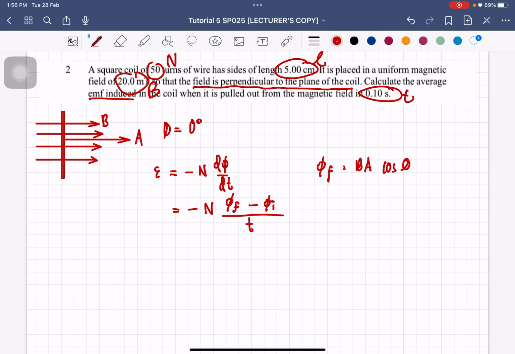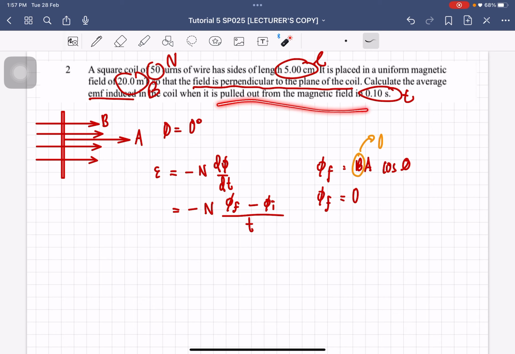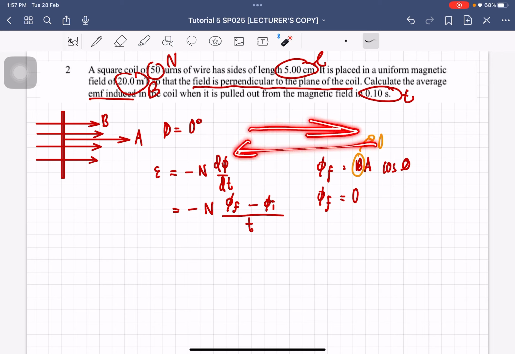Because when it is pulled out of the magnetic field, our value of B will be equal to 0, so automatically our final magnetic flux should be 0. It doesn't keep on going inside and then going out; it is now pulled out from the magnetic field, so there is no B there, and that's why it equals 0.